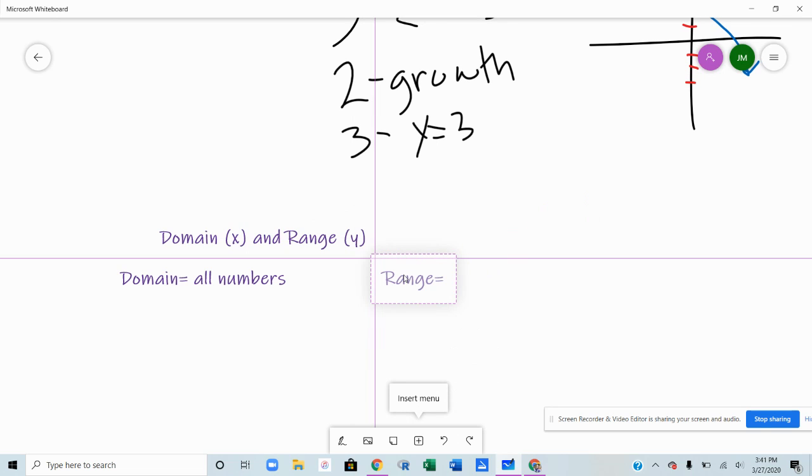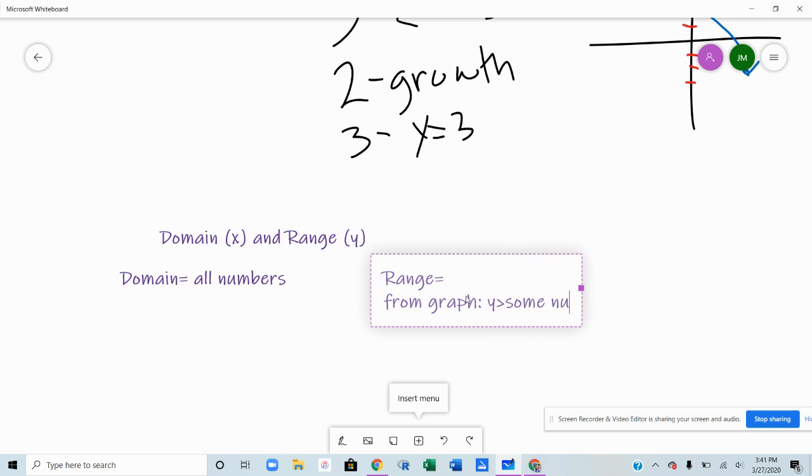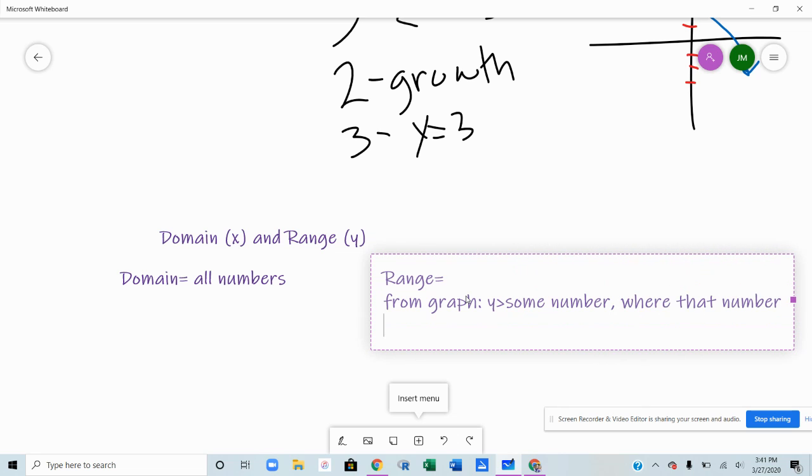So for your range, let's say we're looking at the graph. For the most part, it's going to be y is greater than some number, where that number is the value of the horizontal line.